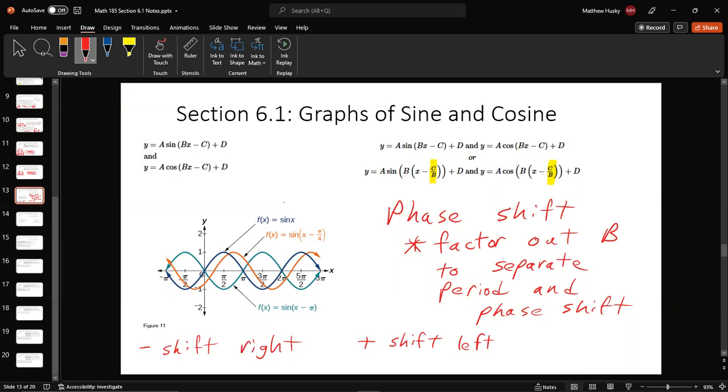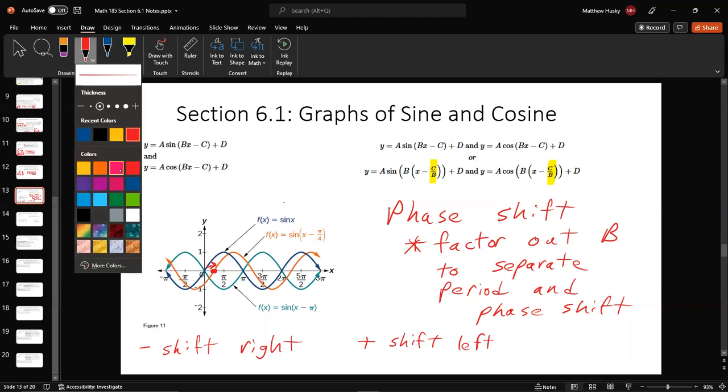And so here you can see the dark blue one is the basic graph, the parent function. Here's a minus pi over 4, and so it's shifting the graph over by pi over 4, which is right there. And so it's scooting the whole graph over by that much, and it's moved by pi over 4. And then the other one, it's shifted over all the way by pi.